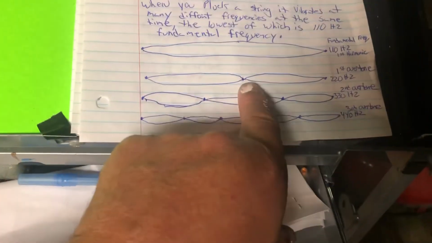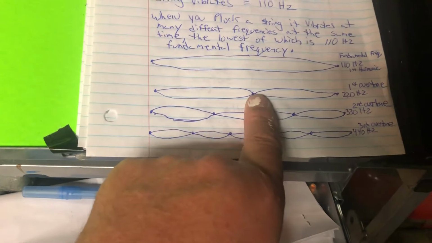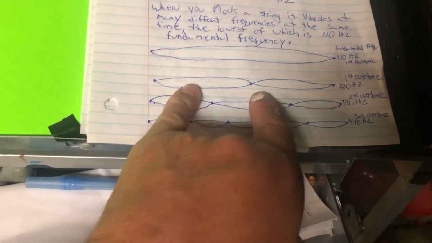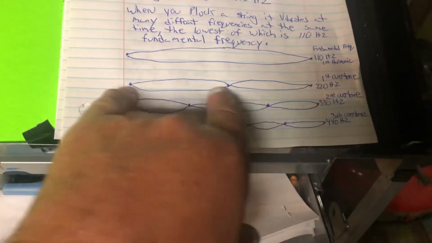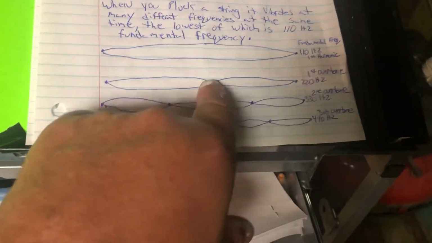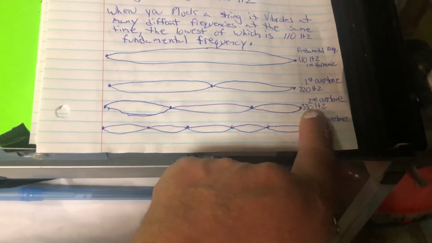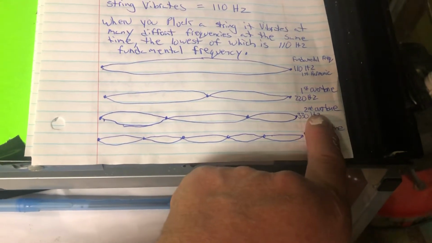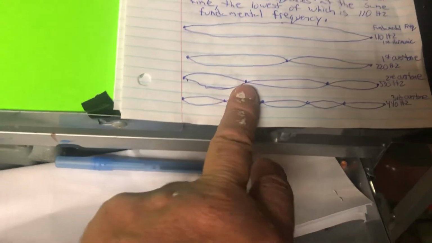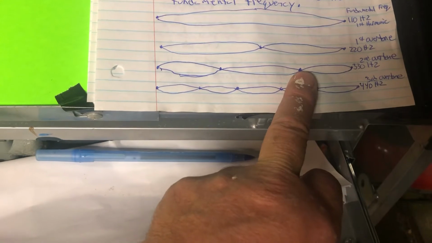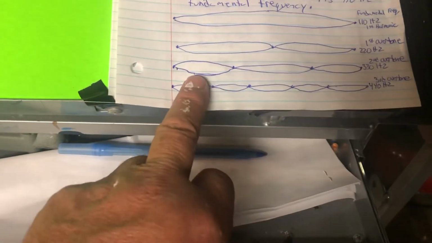They swap. This would have one nodal point, but essentially three points: a start, a finish, and a middle. That's 220 hertz. Then you go up to 330 hertz, and it has two overtones. So there's one nodal and a second nodal. Altogether, you have 4 points.